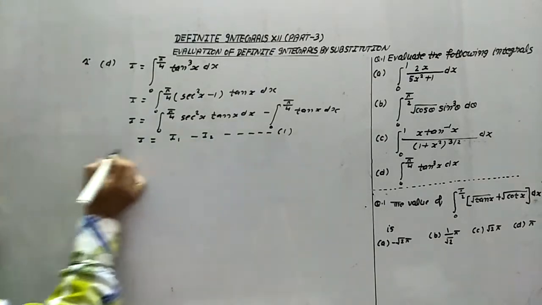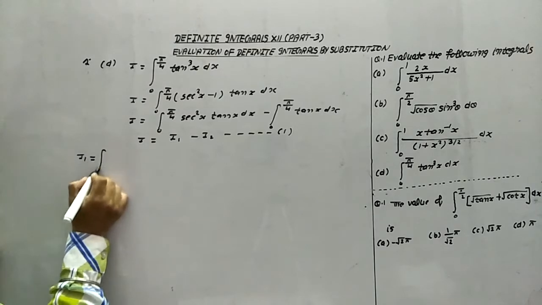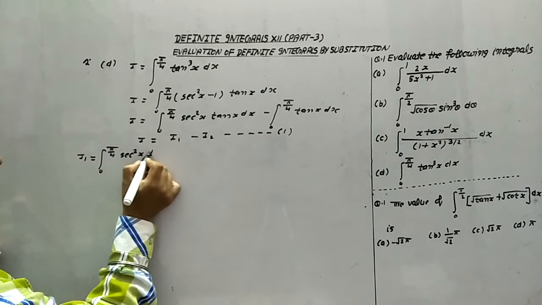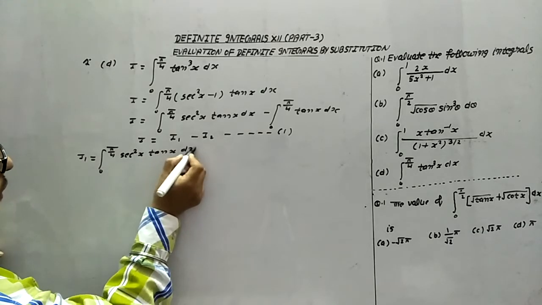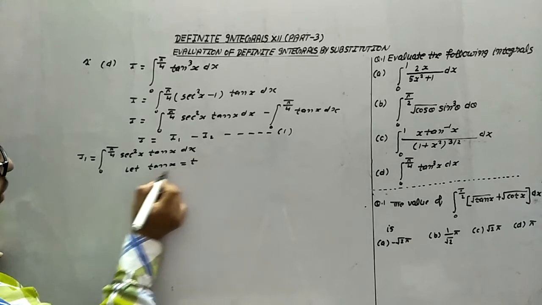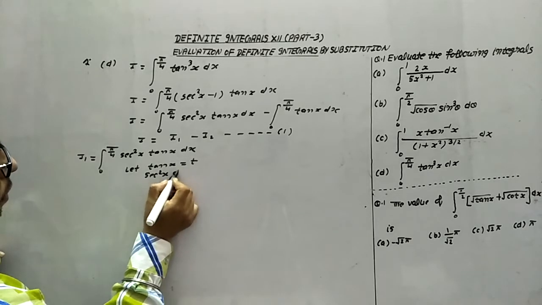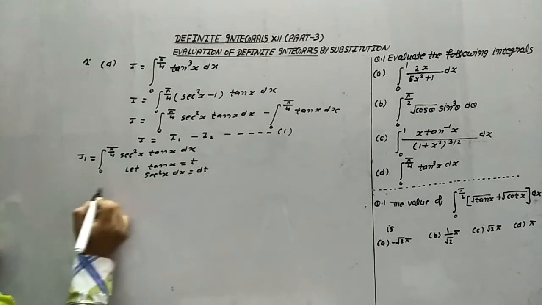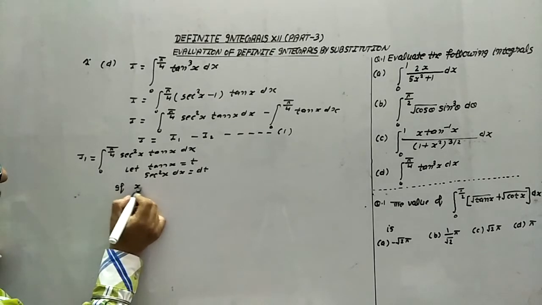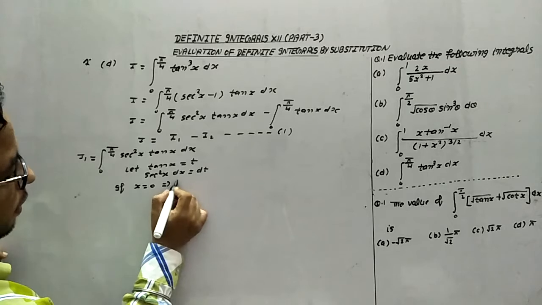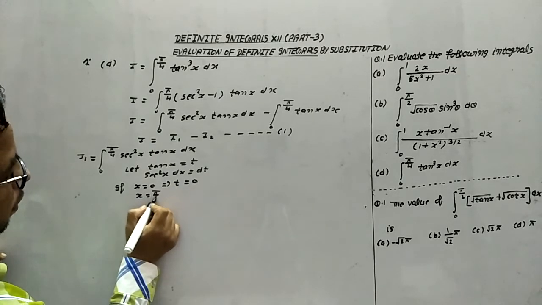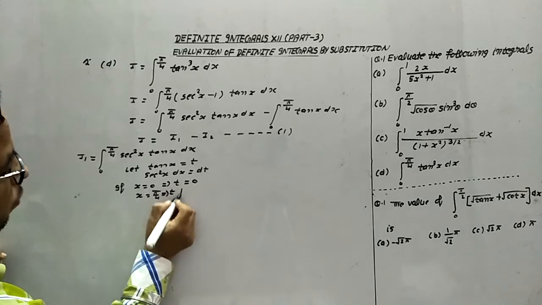This is the equation number 1. First of all, for I1, 0 to pi by 4 sec square x tan x dx. Let tan x is equals to t. It means sec square x dx is equals to dt. It means change the limit also. If x is equals to 0, it implies that t is equals to 0 only. If x is equals to pi by 4, it means t is equals to 1 only.